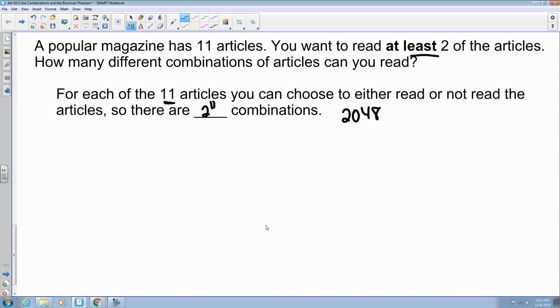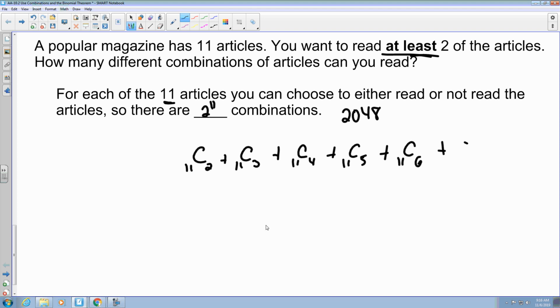Here is how you can go about it. You can go about it two different ways to solve this problem where it's at least two. You could make it into an addition problem and say, I want to do the combination of 11 and 2 plus the combination of 11 and 3 plus 11 and 4 plus 11 and 5 plus 11 and 6 plus 11 and 7 plus 11 and 8 plus 11 and 9 plus 11 and 10 plus 11 and 11.